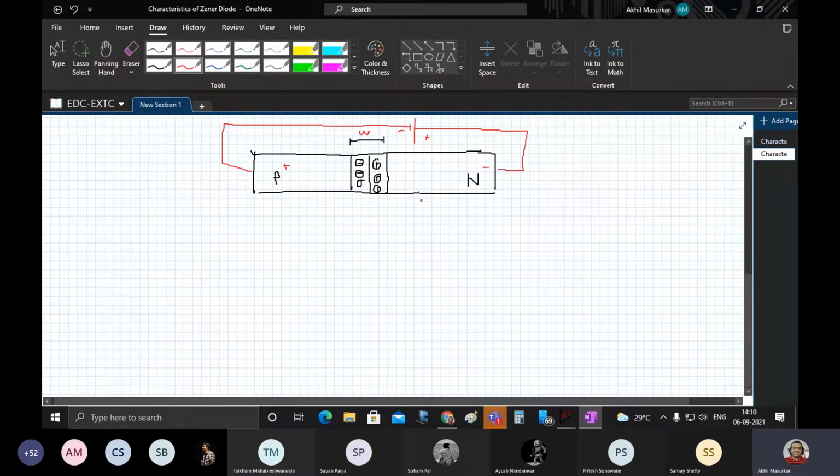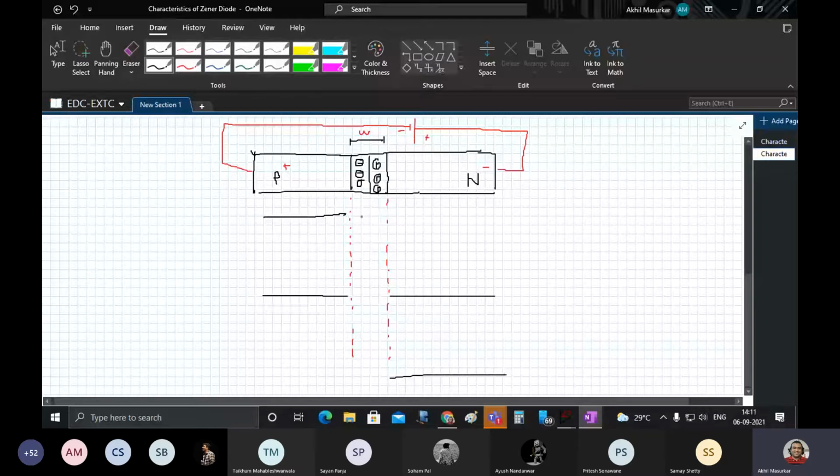so what actually happens is, let's say that here we have a conduction band, here we have a valence band, and here we have a conduction band and a valence band. And of course the Fermi levels will be there somewhere in between.